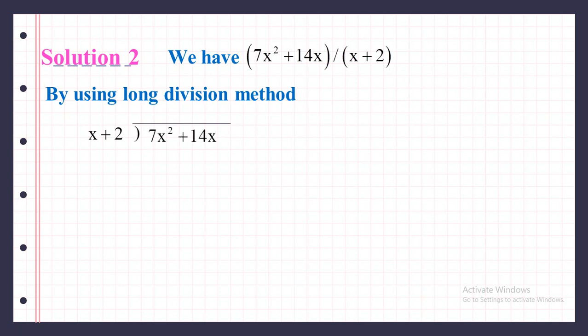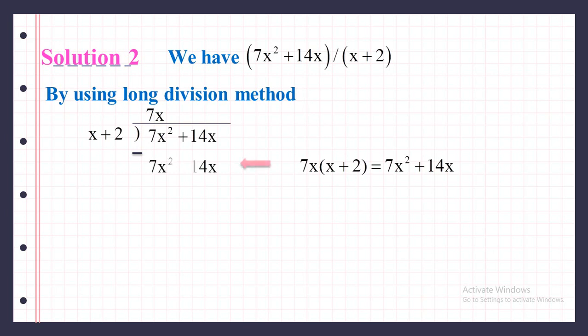We do as follows: construct the division. Divide the highest degree term of the dividend by the highest degree term of the divisor. 7x^2 divided by x equals 7x. Multiply 7x by the divisor x plus 2.